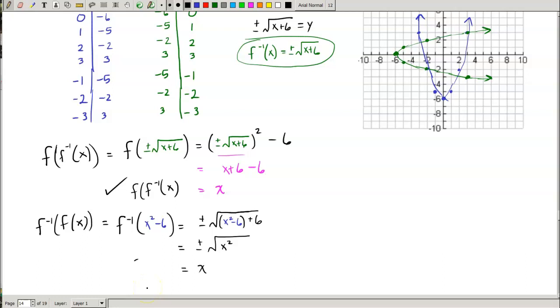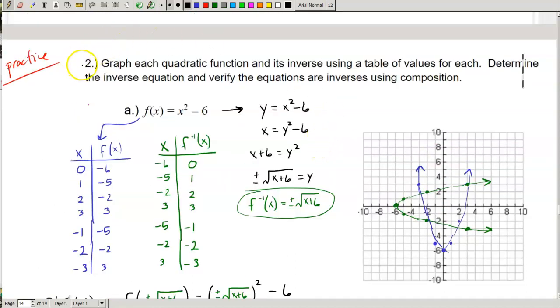Those plus or minuses basically will cancel off each other. And that is how we're going to demonstrate that if I start with x, I'm also ending with x this way. So either way I do it, I'm going to get x both ways. And that is the whole problem.